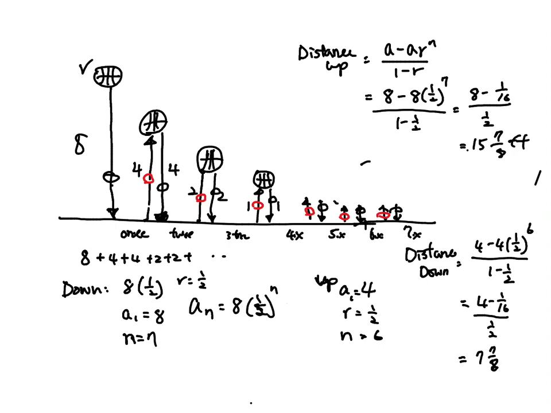So total is going to be 15 and 7/8 plus 7 and 7/8. Okay, so we got 15 plus 7 is 22. So 22 and 14/8, which is 23 and 6/8.